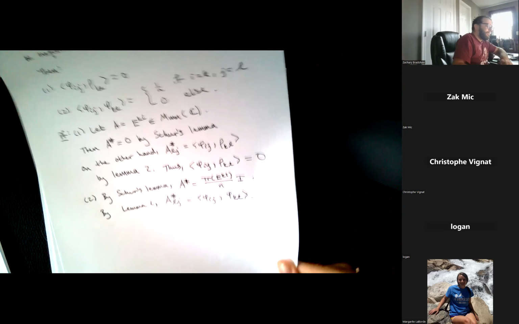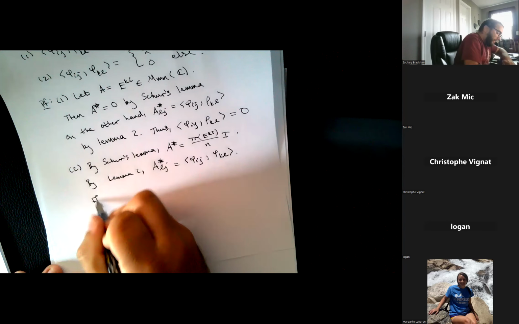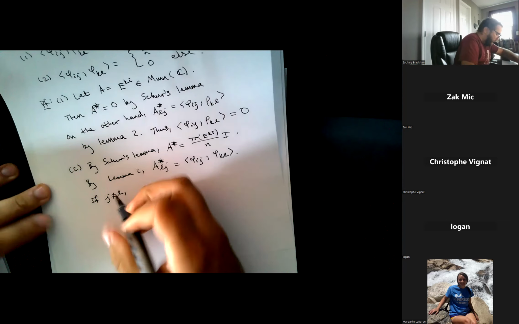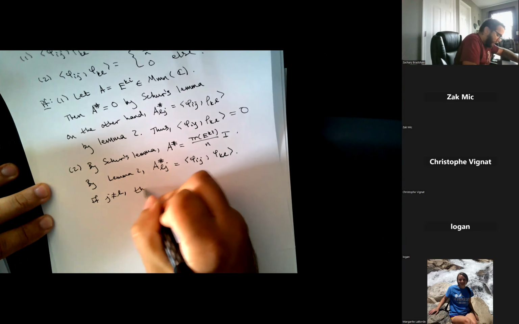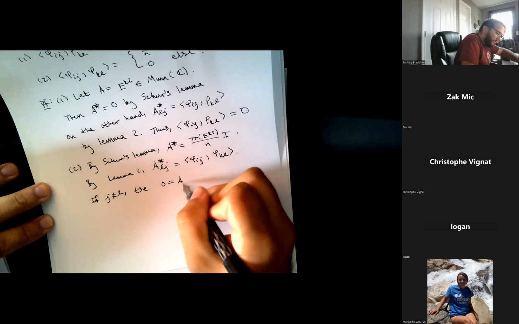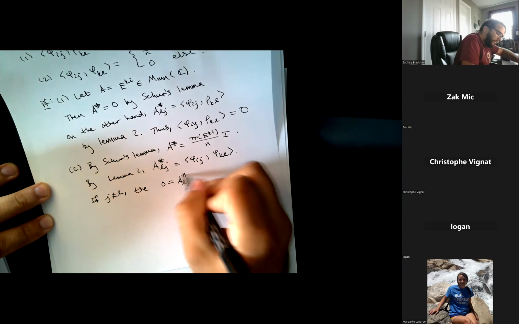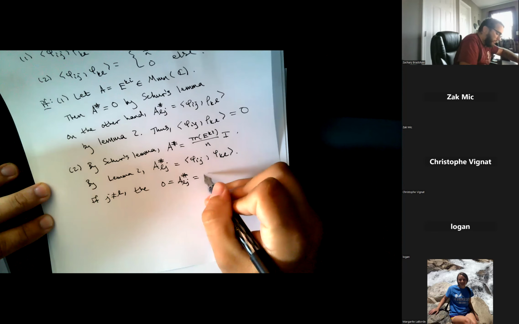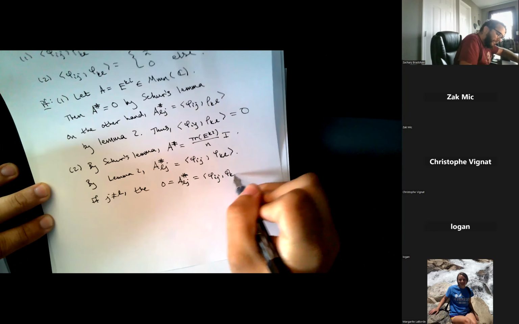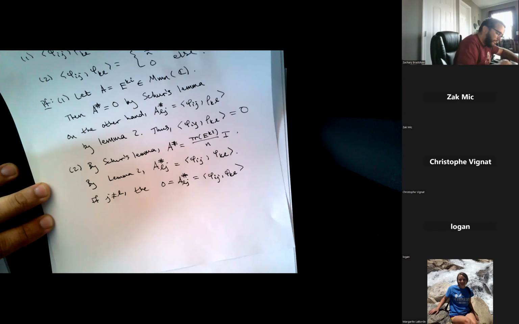So let's consider several cases. If j is not equal to l, well then the LJ component of the twirl of A, which is equal to the inner product of phi_ij with phi_kl, is equal to 0.